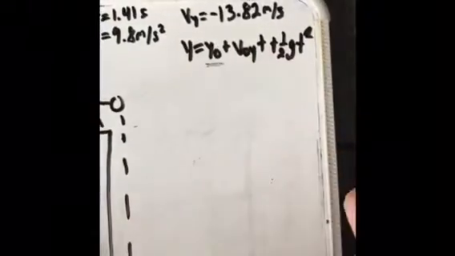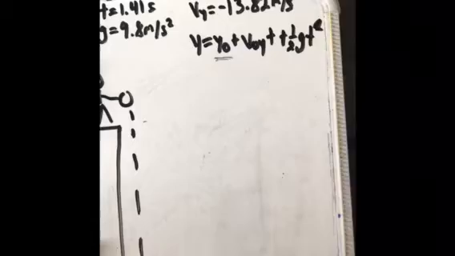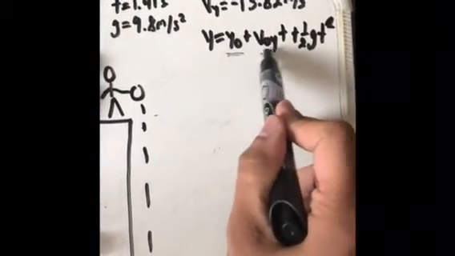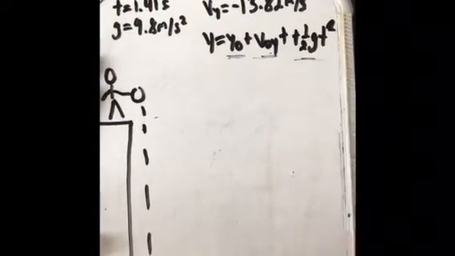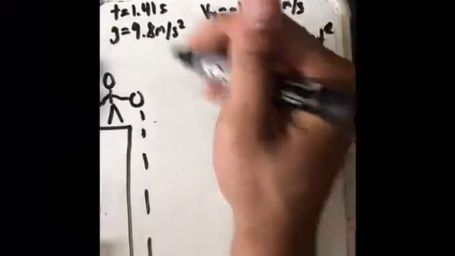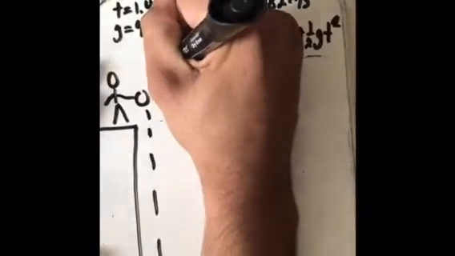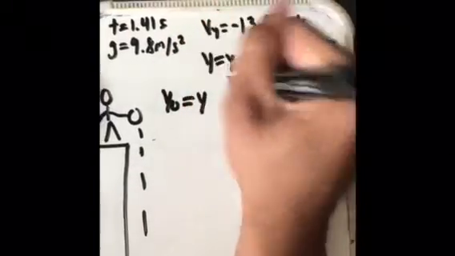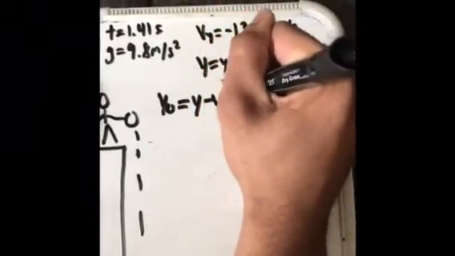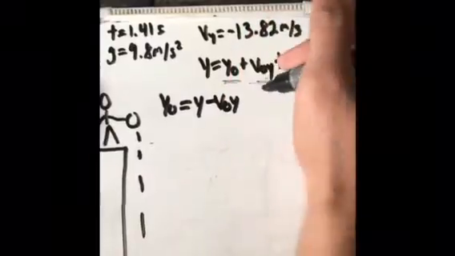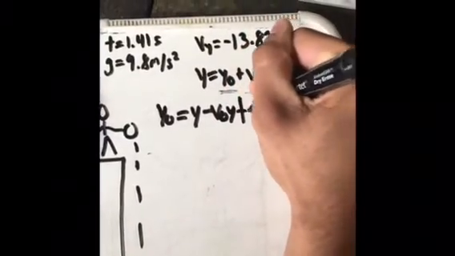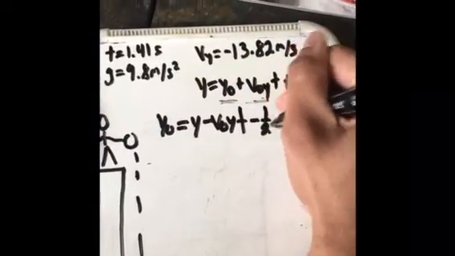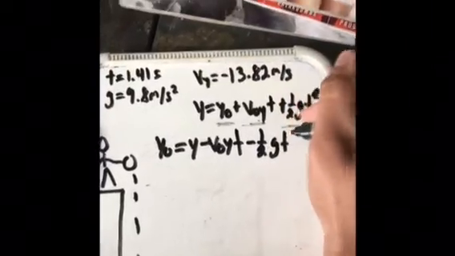The easiest way to do that is to just move this variable and this variable to the other side. So we're going to end up with y naught equals y minus v naught y t minus 1/2 gt squared.